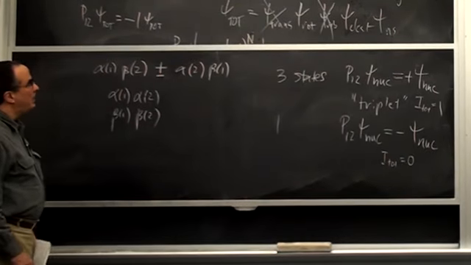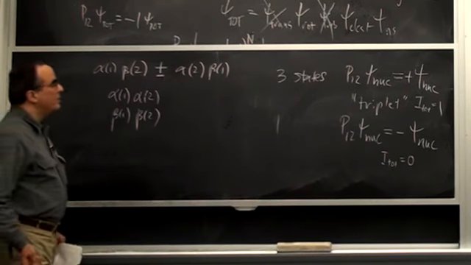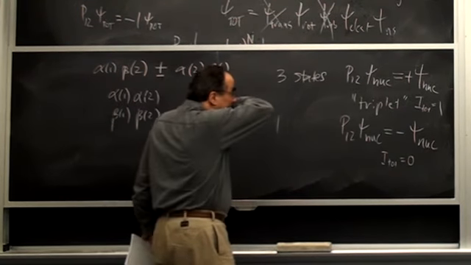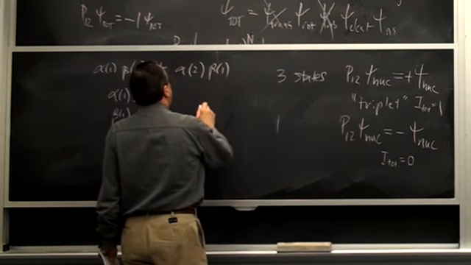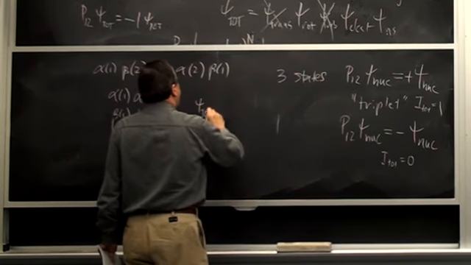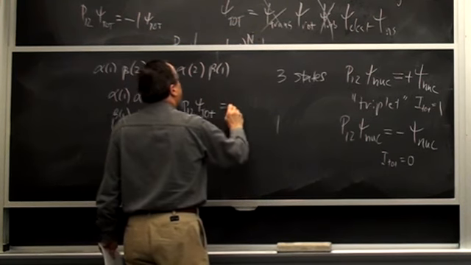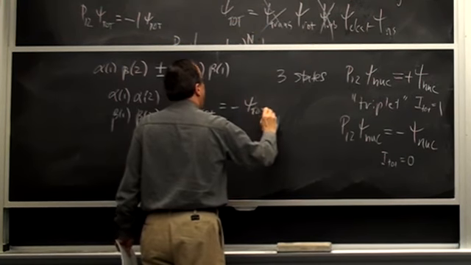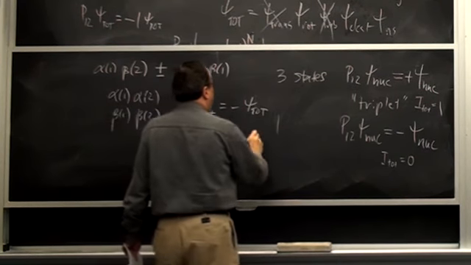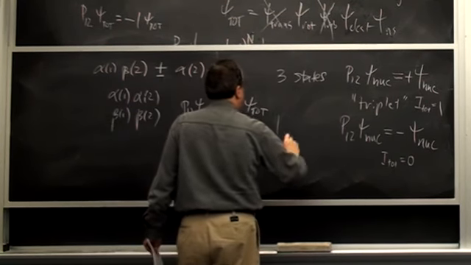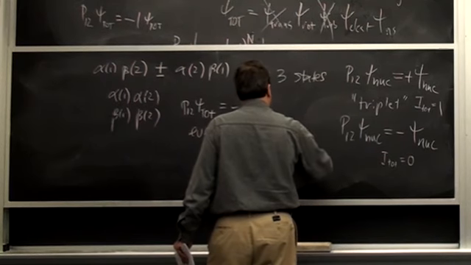All right, so for hydrogen, then, we need a state psi total where P12 psi total is minus psi total. And so even J have even psi rot.